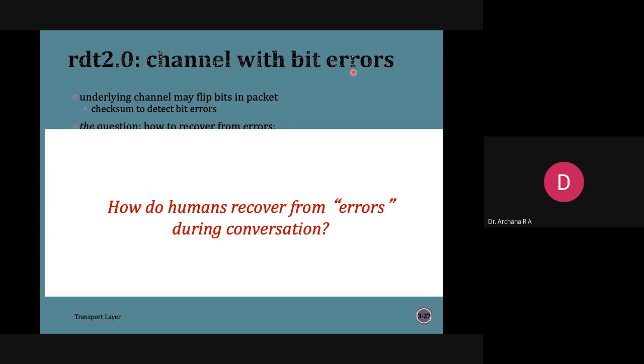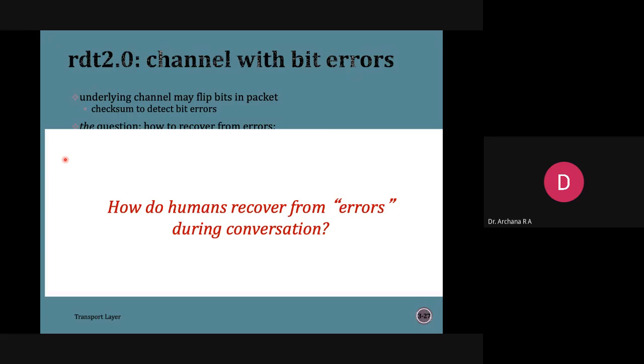So how do humans recover from errors during conversation? Let us think. Two people are communicating with each other.